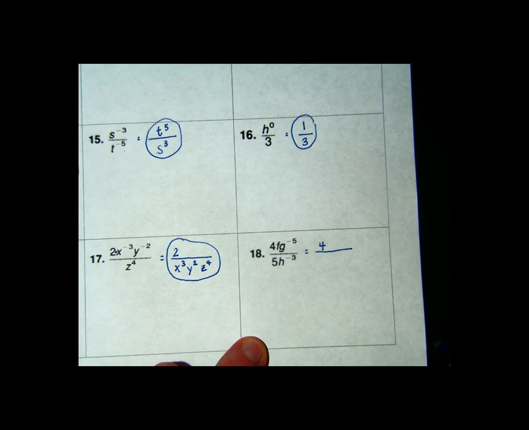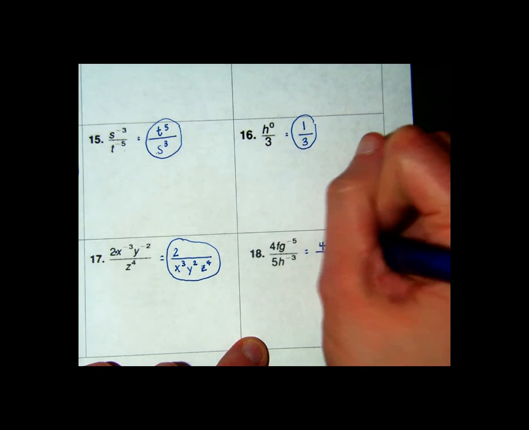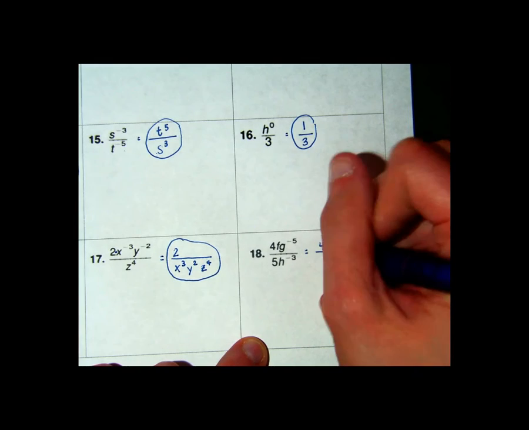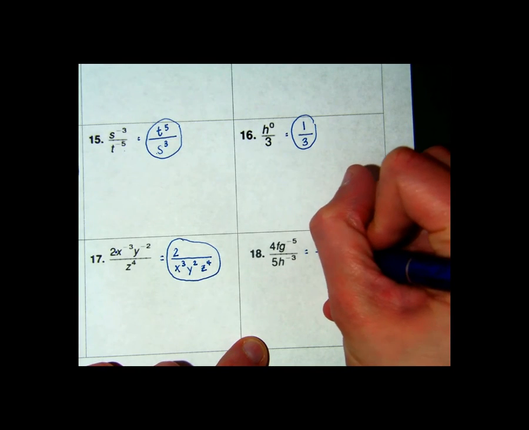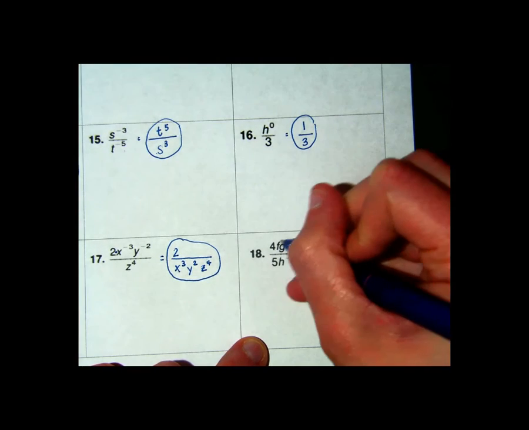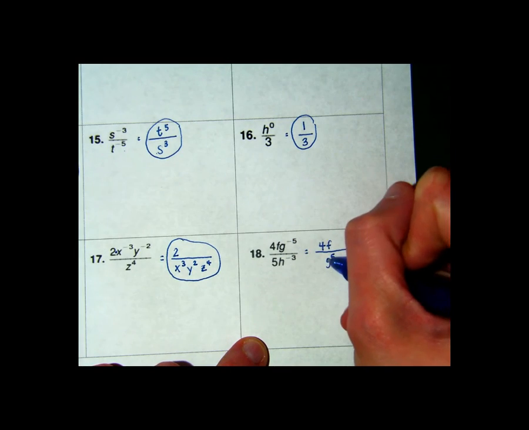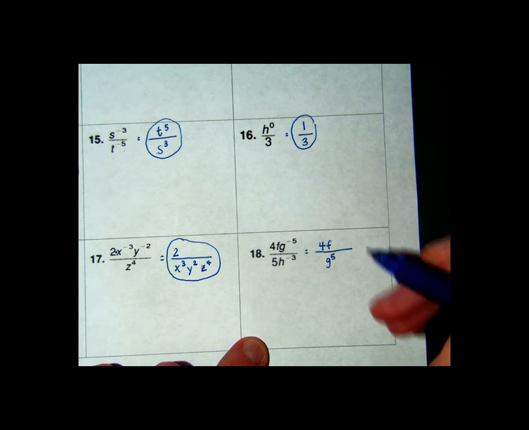It stays in the numerator. F likewise has no negative exponent, so it stays in its current location. G has a negative exponent, so I'm going to bring it down. G to the 5th power is currently in the numerator. Since it has a negative exponent, we want to undo that. We're going to bring it down to the denominator.